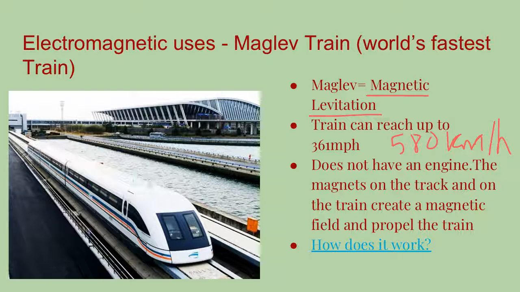In these trains, there actually is no engine, so it's different from a typical train. It's magnets on the track that make it levitate by pushing it up off the track, and that attract and repel to make the train move forward, to propel it. Again, I do strongly recommend watching the video by clicking on this link.